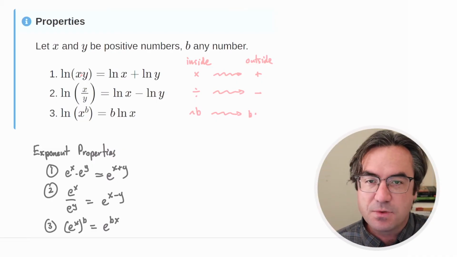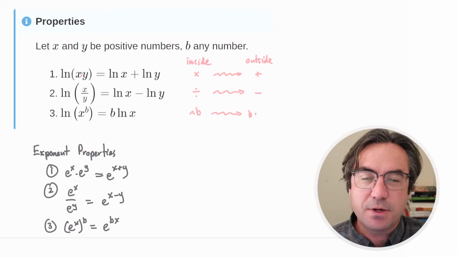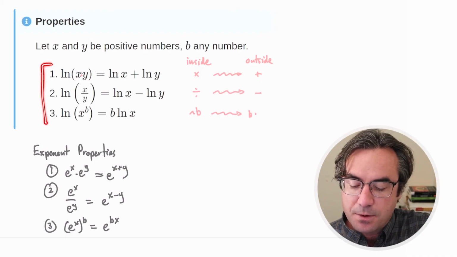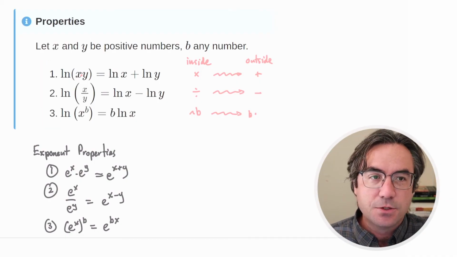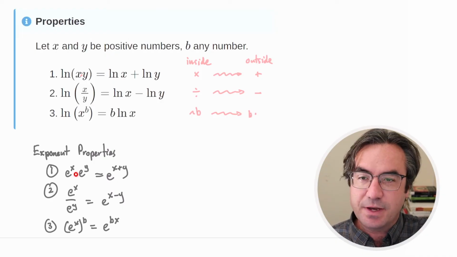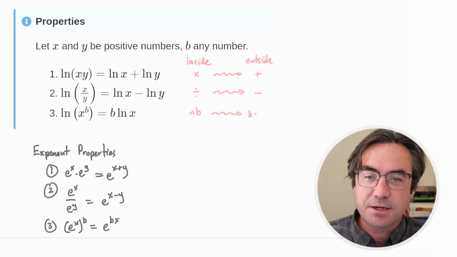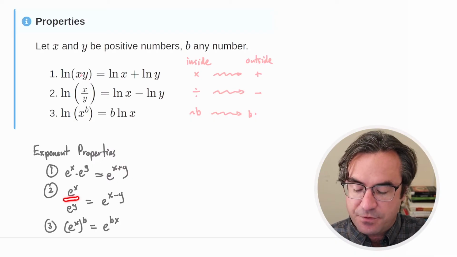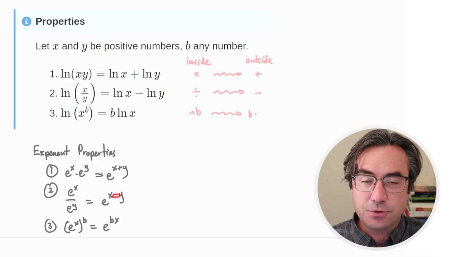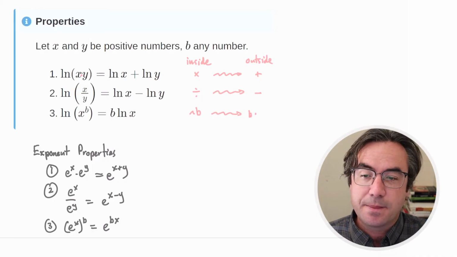You can see these three properties are analogous with the properties of our log function. Multiplication of exponential terms gets converted into addition in the exponent. Division gets converted into subtraction in the exponent.